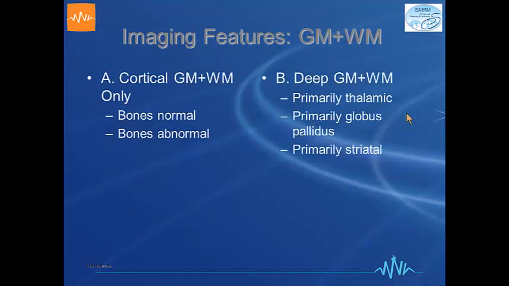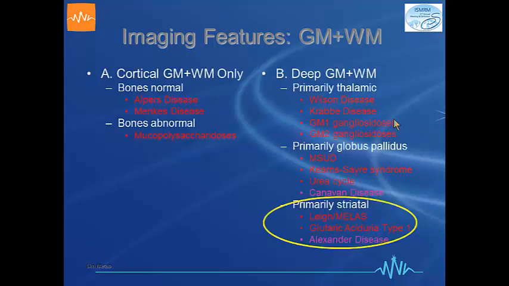Many of the conditions will involve both gray and white matter, and sometimes it's helpful to look outside the brain and look at some of the bone radiographs, where mucopolysaccharidosis and a couple of other syndromes are important. And again, if it is primarily striatal, that list of Leigh disease and mitochondrials is important.